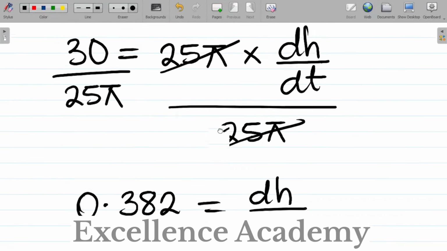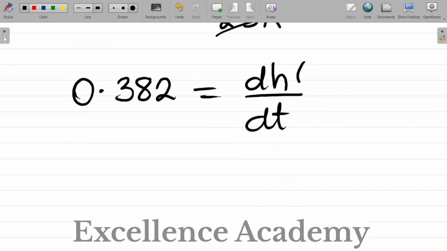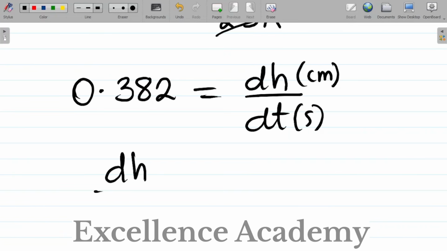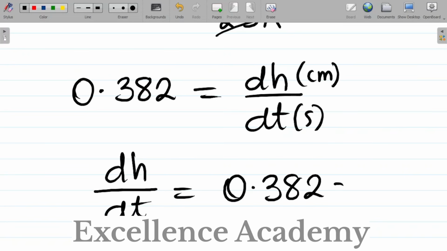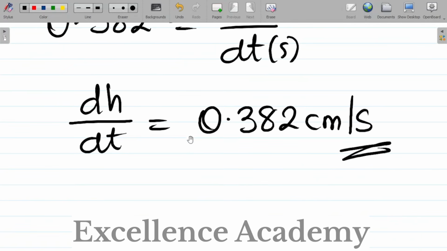Now we want to put the units. For this question, we're given height in centimeters, time is in seconds. So we'll have dh/dt equal to 0.382 centimeters per second. So basically, this is how you solve this question.